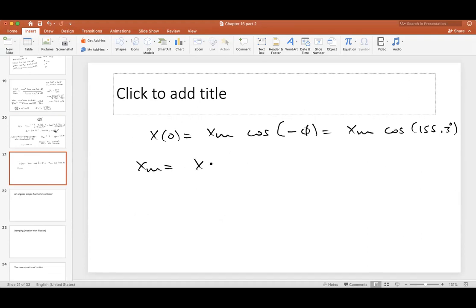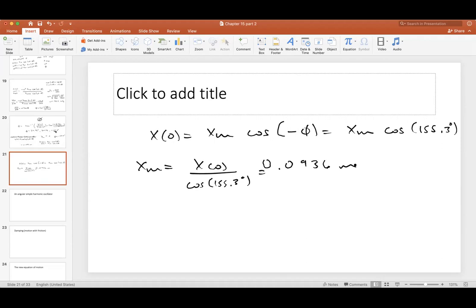Xm is x naught, x at time 0, over cosine of 155.3 degrees. And we see that this ends up being negative 0.085 divided by cosine of 155.3, which is 0.0936, which is incidentally what your book got.